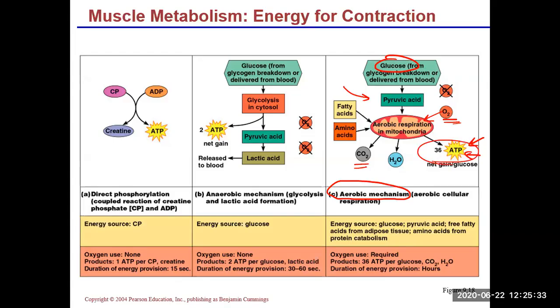We mentioned this is like 36 ATP per one glucose molecule. A candy bar has millions of these glucose molecules, so think about how much ATP you could make. But this needs to have oxygen present, right? And that's why we call it the aerobic mechanism. The duration of the energy is hours. You could go on for a long time.